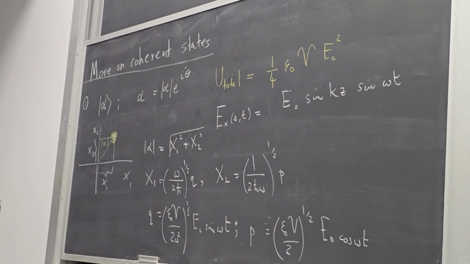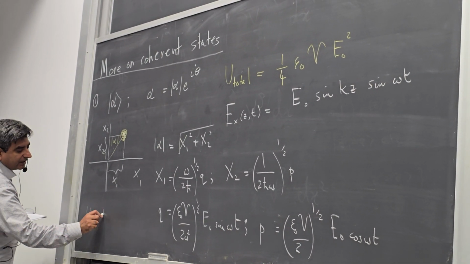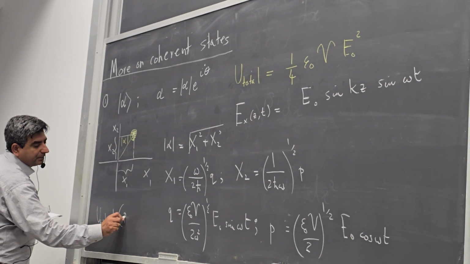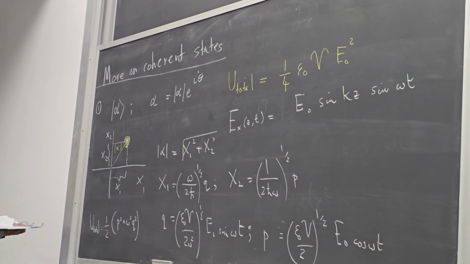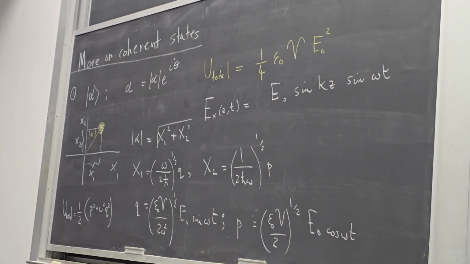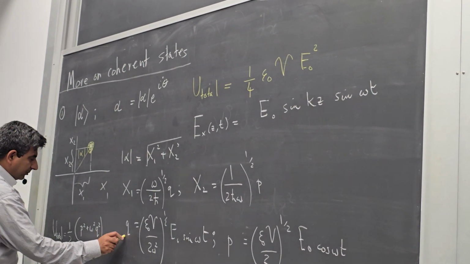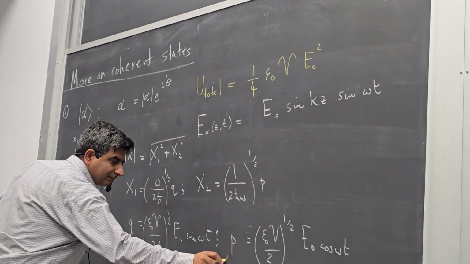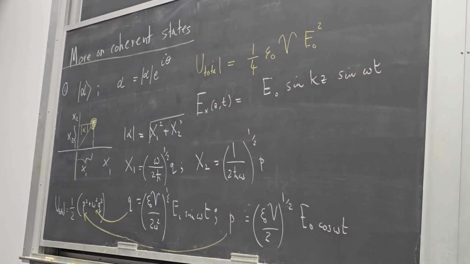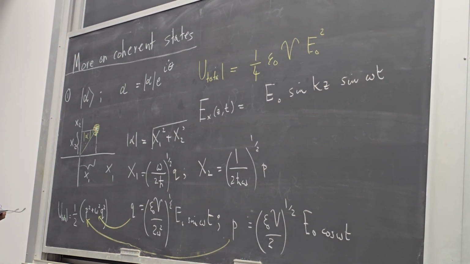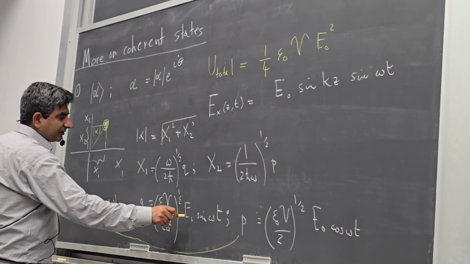We also know that our u total is given by half p squared plus omega squared q squared. Correct? We have these relationships in front of us. So we take these values of p and q, put them into this energy, and then we replace E naught sine omega t.